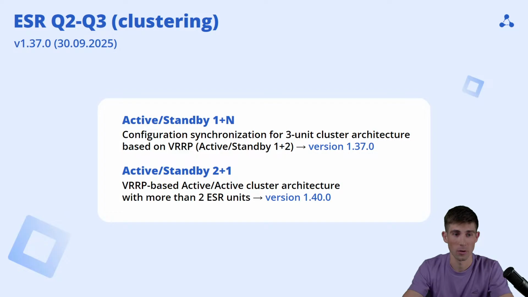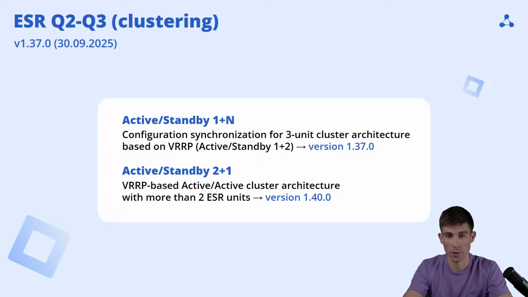There is a version 1.37 that is scheduled to be released at the end of September this year, and the next version after this that we're going to cover is going to be 1.40 in the next quarter. So you'll see most of the features going to be released in either 37 or 40 version. I'm going to refer to them as 37 and 40.